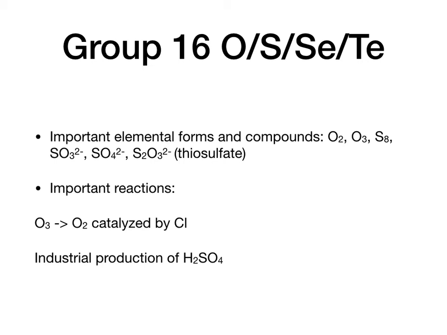The second most important reaction is the industrial production of sulfuric acid. This starts with the oxidation of sulfur or metal sulfide to produce sulfur dioxide. That is followed by the further oxidation by oxygen to produce sulfur trioxide. And finally, the reaction between sulfur trioxide and water to produce sulfuric acid.